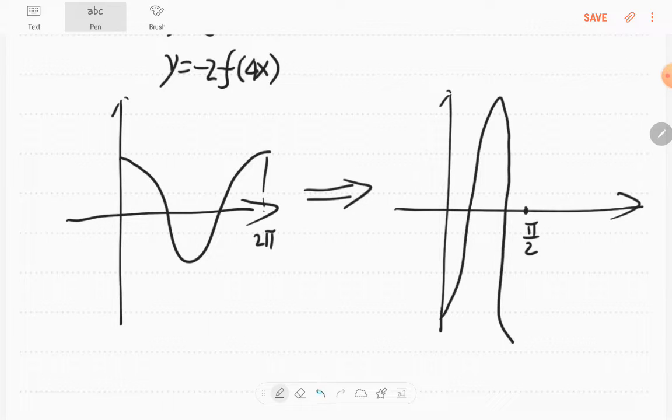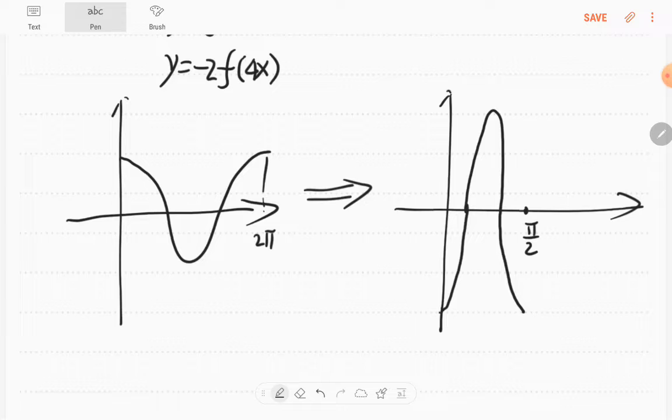I didn't draw it very well. It looks like this one. So we compress, stretch vertically and flip the graph, right? We just use the technique we have learned in the transformation. But the only difference is now it becomes trig functions.